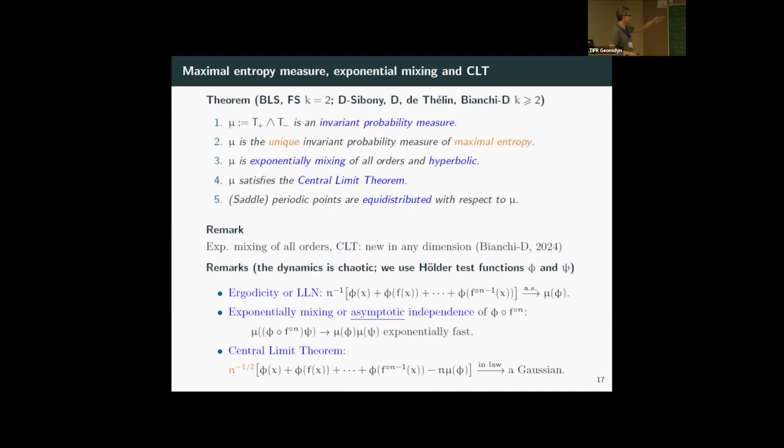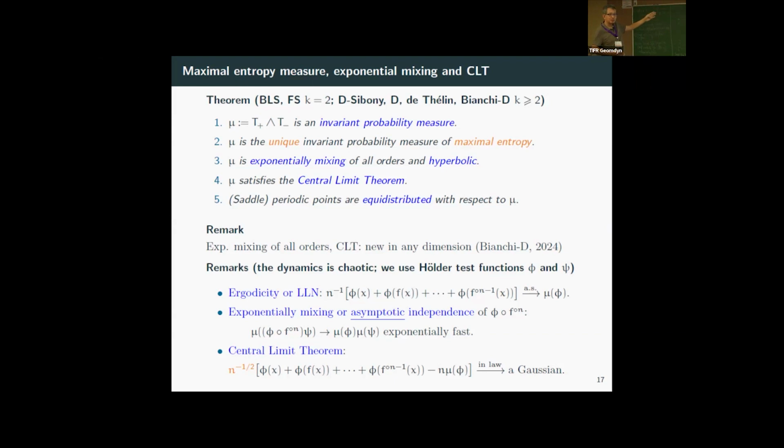Okay, so let's go to the next theorem. Now imagine that T plus is a variety of dimension k minus p, and T minus is another variety of dimension p. If they are in a good position, then the intersection should be a finite set. At the points of this finite set, you can put Dirac masses, and the sum of the Dirac masses will be the intersection of these two currents. More generally, in a good setting, you can define the intersection of two positive closed currents of good dimension, and you get a probability measure.